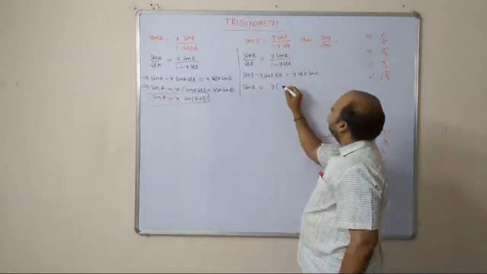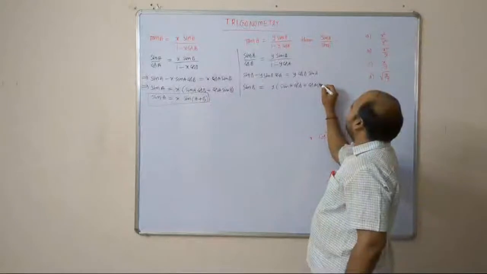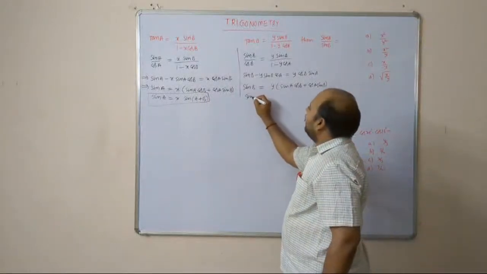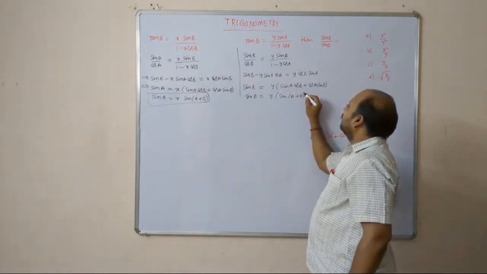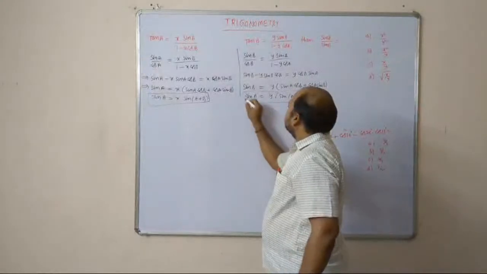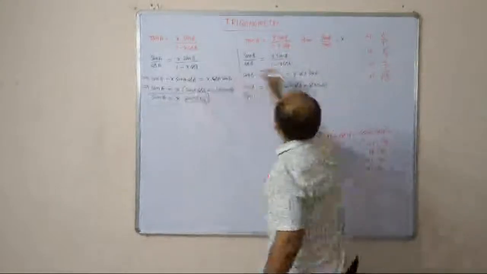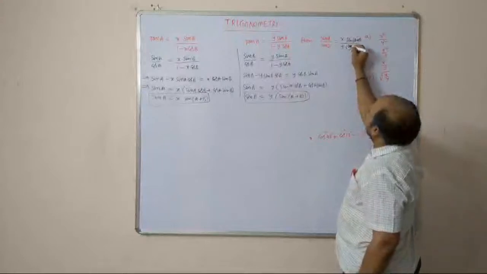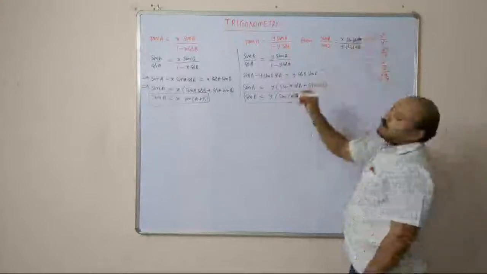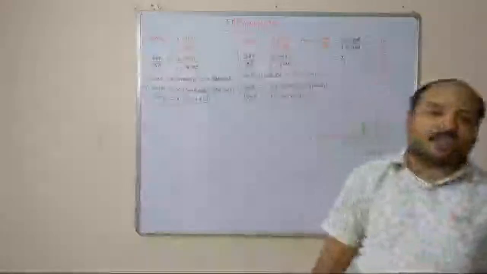Y take common, sin A cos B plus cos A sin B. So sin B is equal to y into sin of A plus B only. After getting sin A and sin B values, they are asking to substitute the values. Sin A value x into sin of A plus B by y into sin of A plus B. So anyway, this will be cancelled, x by y. It is there in the option, dear students.